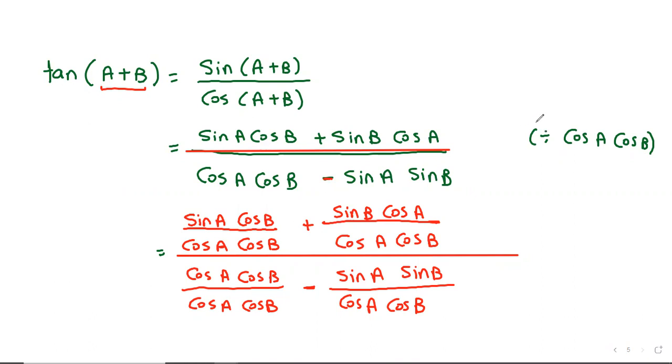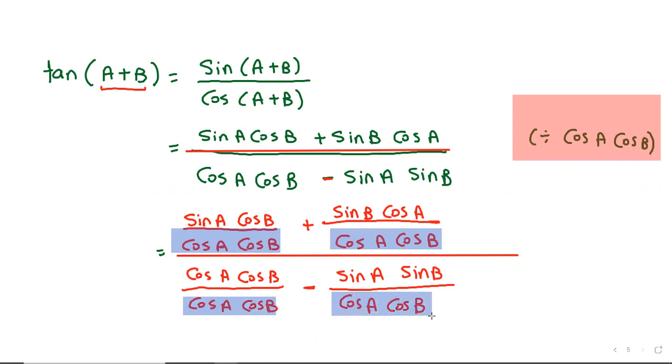Then divide the top and the bottom by cosine A cosine B, all terms in the top and all terms in the bottom. Let's tidy it up.